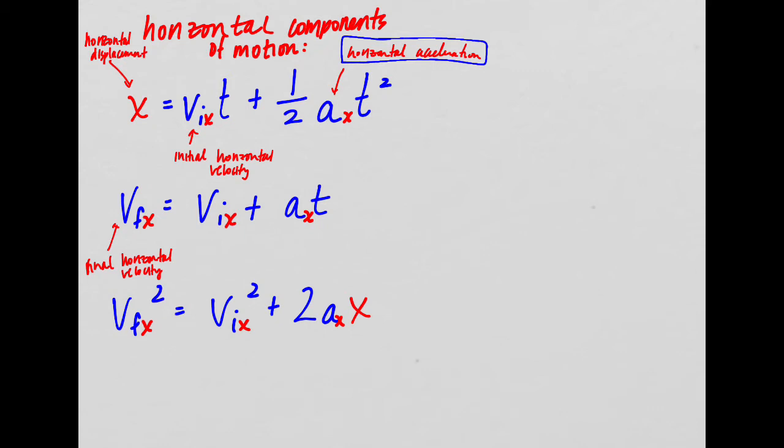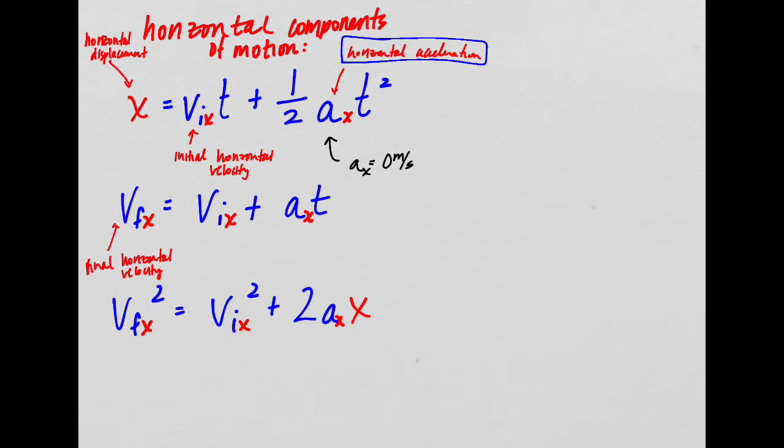So that means that the horizontal acceleration for any projectile is 0 meters per second squared. Because if there was an acceleration horizontally, then there would have to be a force horizontally. But there's not a force horizontally. There are no horizontal forces acting on a projectile.